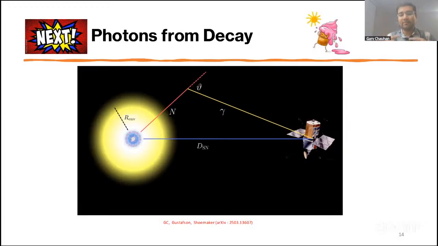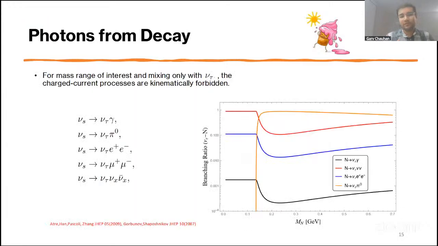If these decays happen outside, if you have gamma ray observatories in or around the Earth, they can see these photons during the time a supernova happens, and from there you can either discover or constrain your new physics. So the different decay modes of the sterile neutrinos are as follows, depending on what mass range you are in. Looking at first, this is the branching ratio on the y-axis and the mass here.